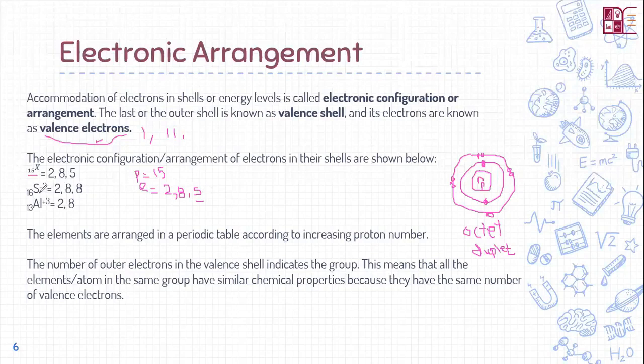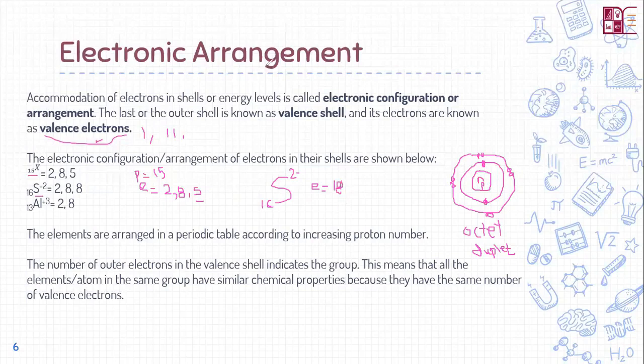Coming to the next one, this is S, sulfur, 16 proton number, but it has gained 2 electrons. 2 minus means 2 electrons have been gained. So now the electrons: 16 plus 2, they are going to be 18 now. So don't mind my writing.